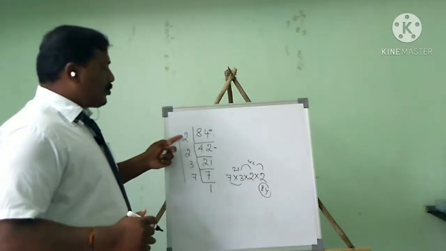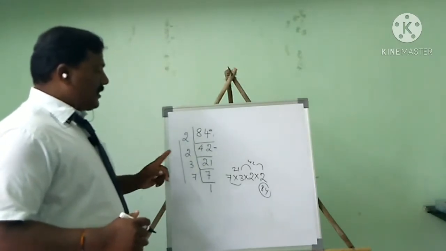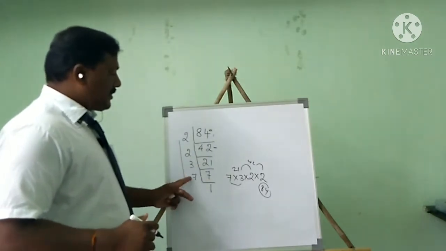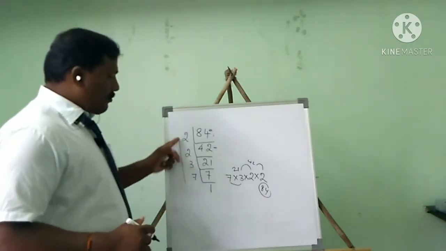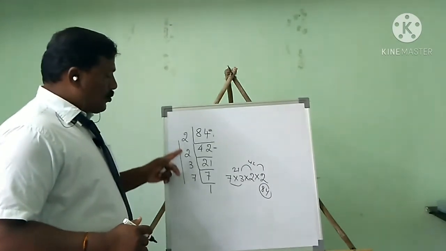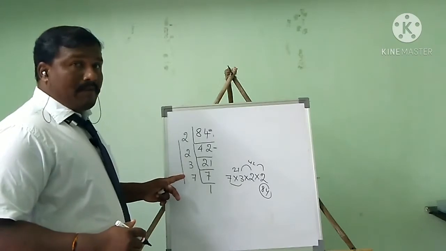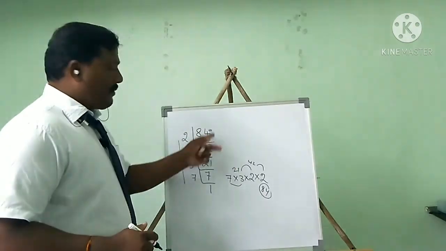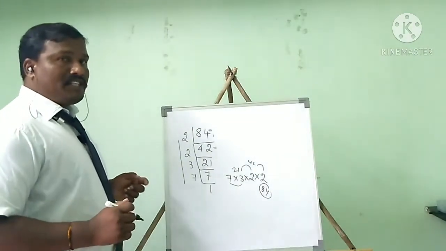So 2 42s are 84, then 2 21s are 42, then 3 7s are 21, so 7 1s are 7. So you have to multiply these; all are prime numbers. You know, 2, 3, 7, these all are prime numbers. If you multiply all this, you can get this number. Okay, this is factorization, prime factorization.